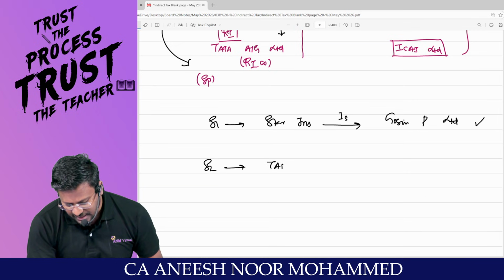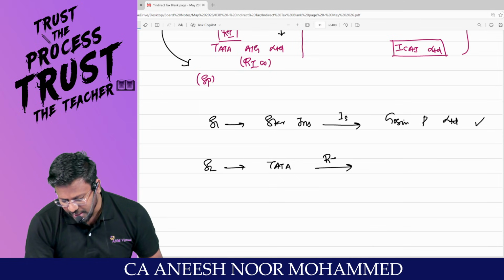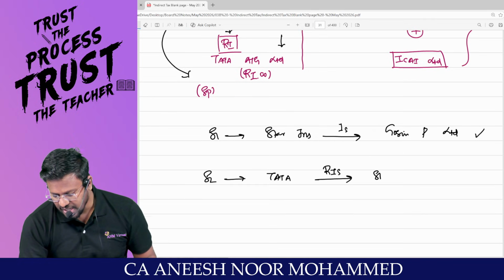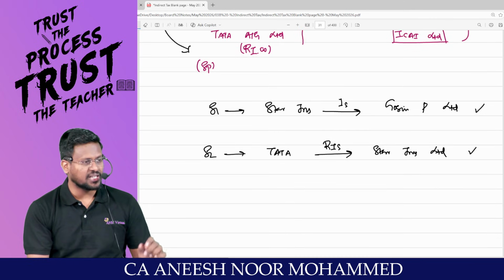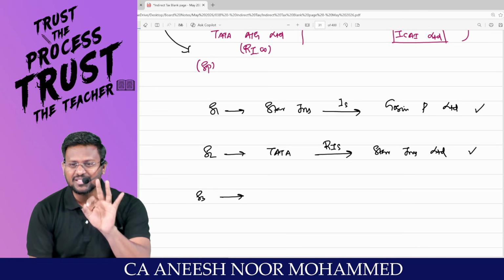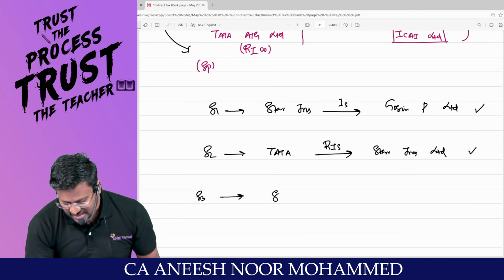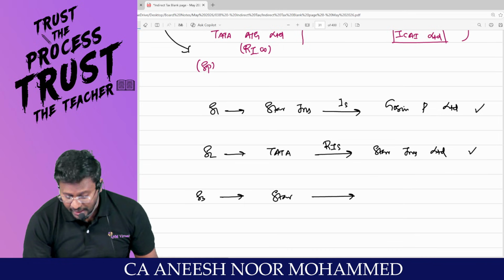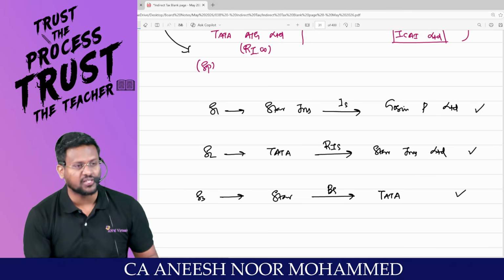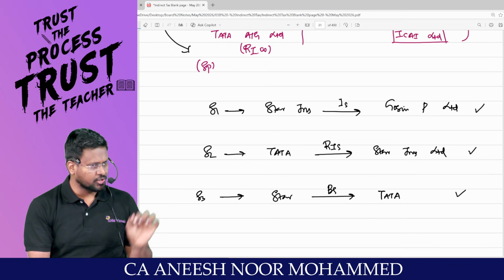Sir, Tata AIG provided reinsurance services to Star Insurance Limited. Am I right, sir? This is service number 2. Sir, there is one more service. Service number 3. Sir, Star Insurance provided business services to Tata AIG. That's service number 3. Are you able to appreciate?